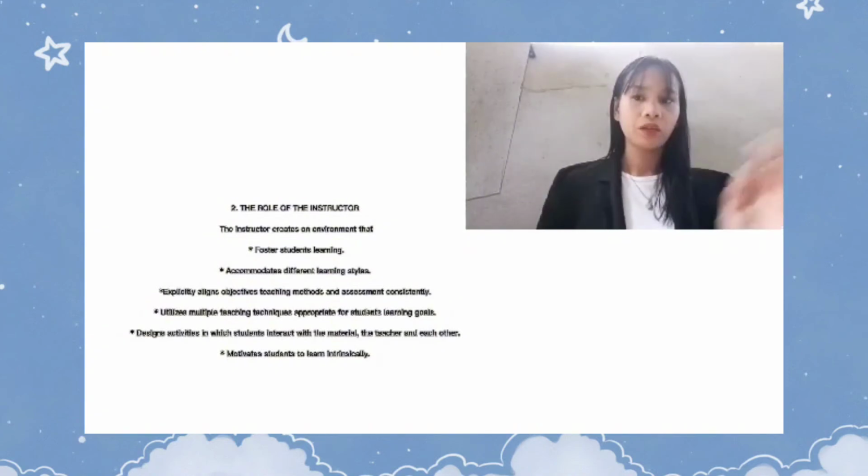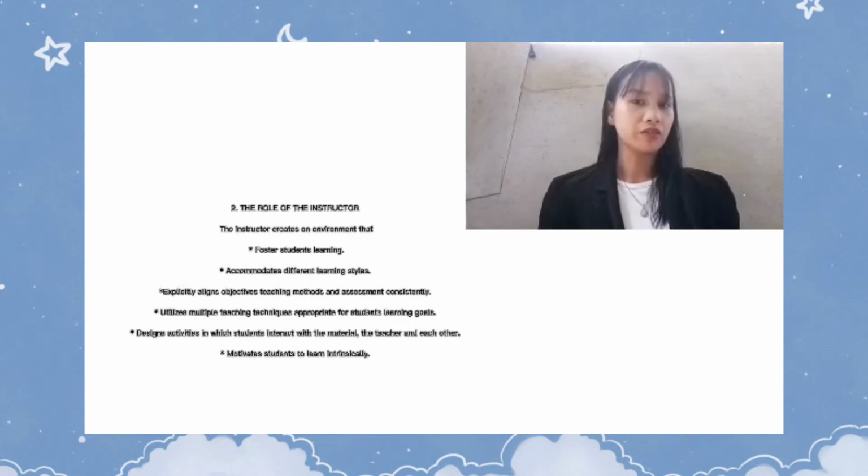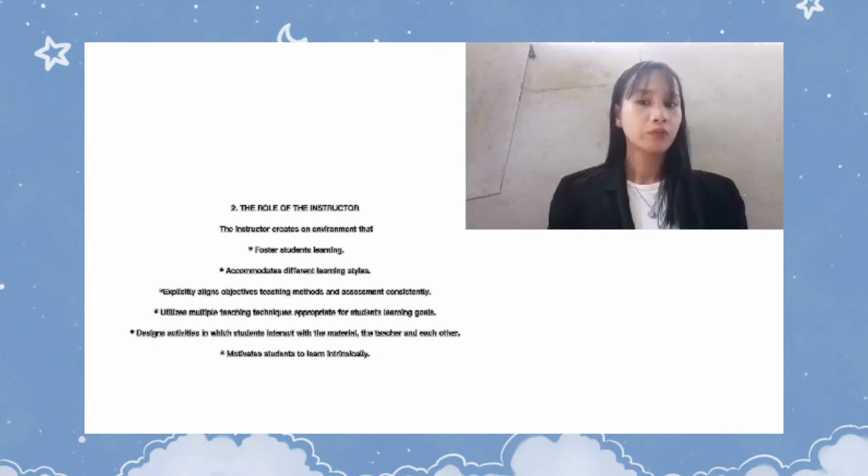So the next is the discipline aligns objectives, teaching methods, and assessment consistently. The instructor must align objectives, teaching method, and assessment so that the students understand it better and learn something. Next is utilizes multiple teaching techniques appropriate for student learning goals.